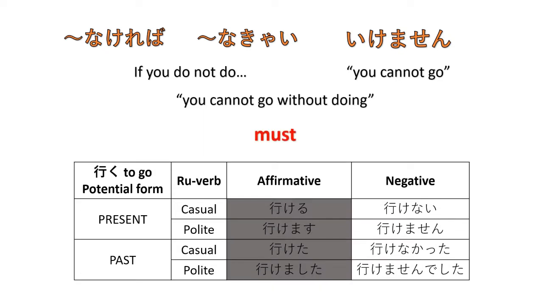So here, ikemasen comes from the verb iku, to go. So ikemasen is the potential form, negative present polite. In this lesson, we're going to only use the negative potential form of iku. So, ikemasen, ikenai, ikenakatta, ikemasen deshita. Alright? We'll see that later.